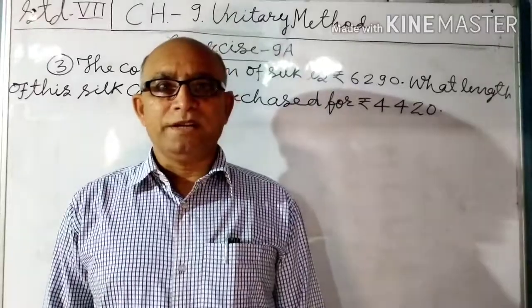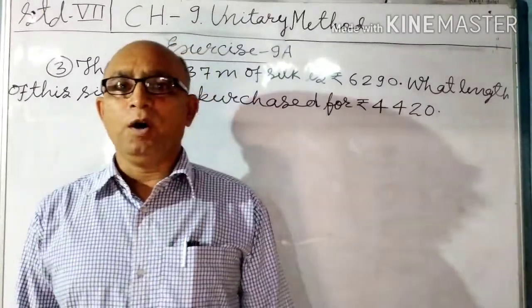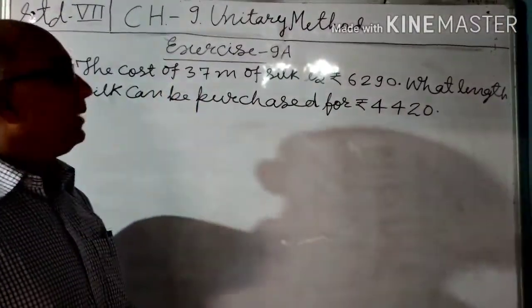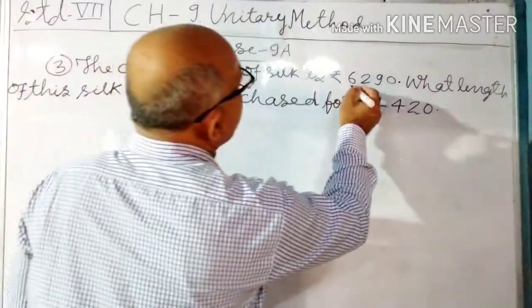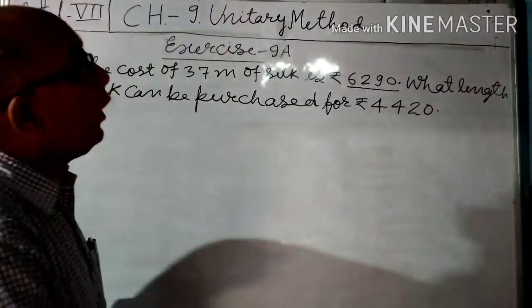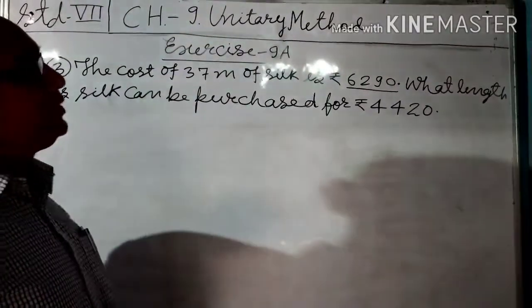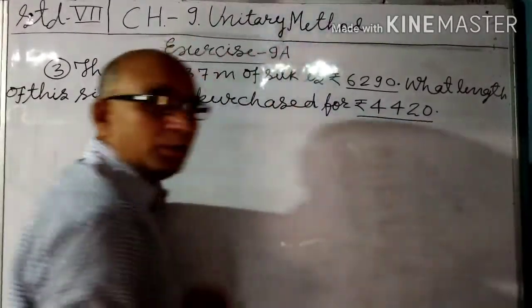Students, next question is question number 3 of exercise 9A. The cost of 37 meters of silk is rupees 6,290. What length of this silk can be purchased for rupees 4,420?